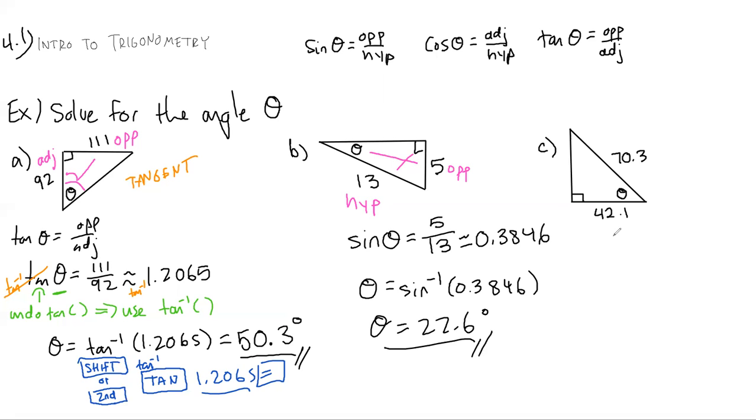All right, the last one, set this up. This is my hypotenuse. And process of elimination, this one's probably cosine. So cos theta is 42.1 over 70.3, about 0.5989.